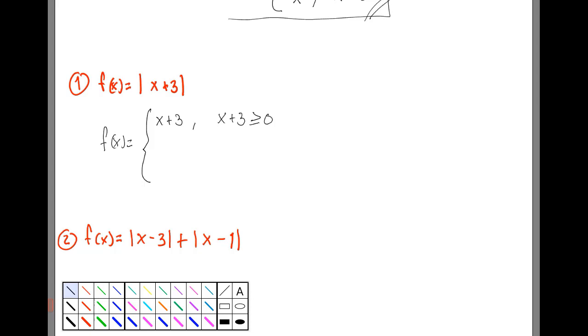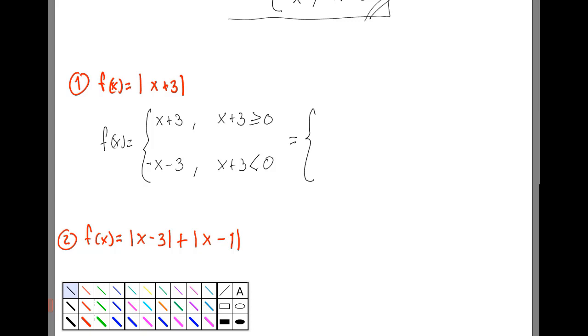Remember, we can include the 0 either here or on the negative side. And it will be the opposite, multiplying times -1, when the part inside, in this case x plus 3, is less than 0, when it's negative. So when it's negative, then we write the opposite.